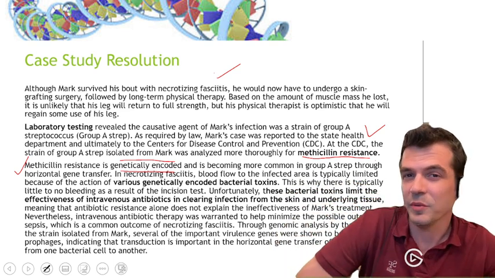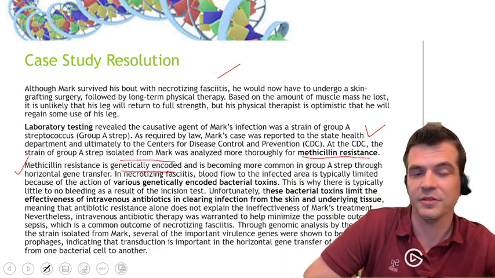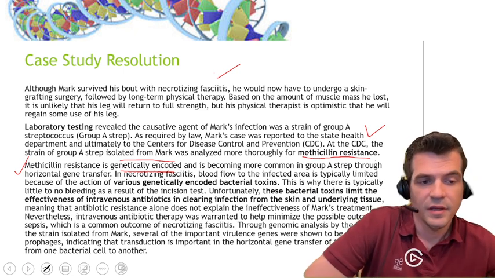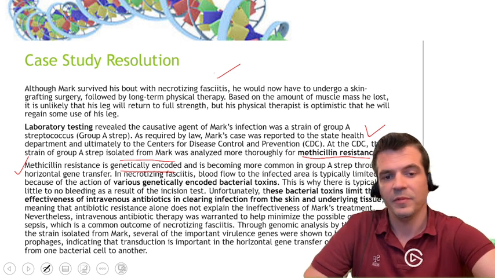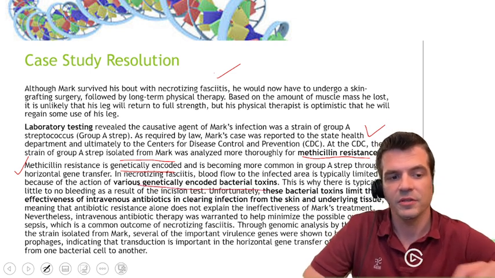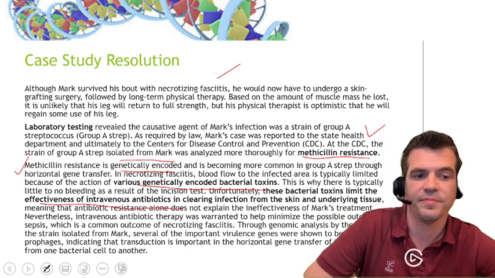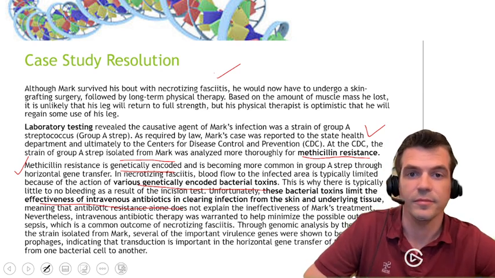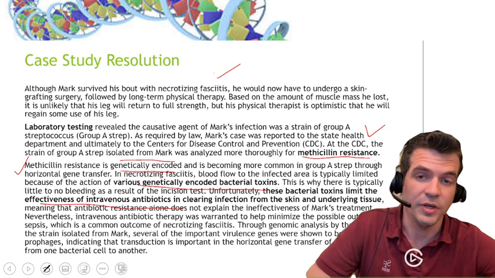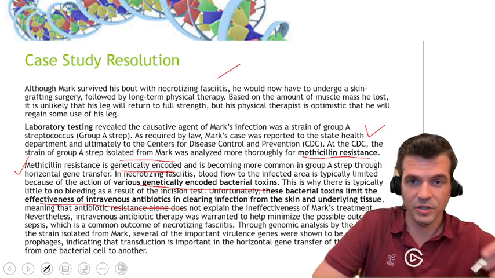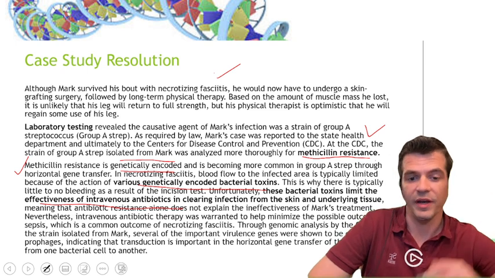We're going to learn about it when we talk about the pili and the cell structures. Okay. Anyway, they genetically encode bacterial toxins. Those toxins limit the effectiveness of antibiotics, and so his treatment wasn't working. So he was continuing to harbor the bacteria and it was continuing to grow and divide.